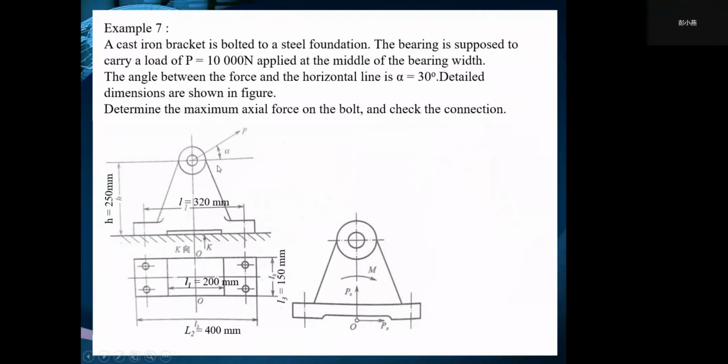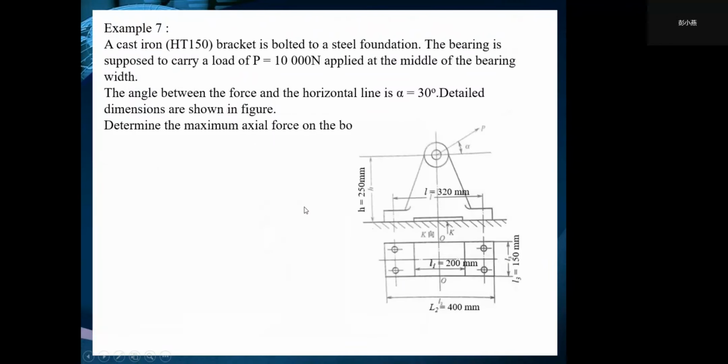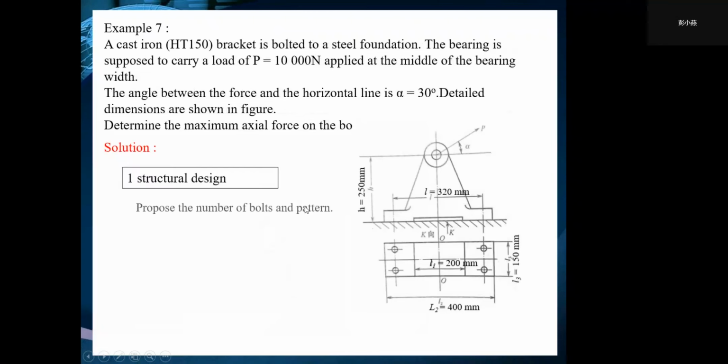Then determine dimensions. Detailed dimensions are shown in this figure. And then we should determine the maximum axial force on the bolt and check the connection. So first, we do the structure design and identify the numbers of bolts.